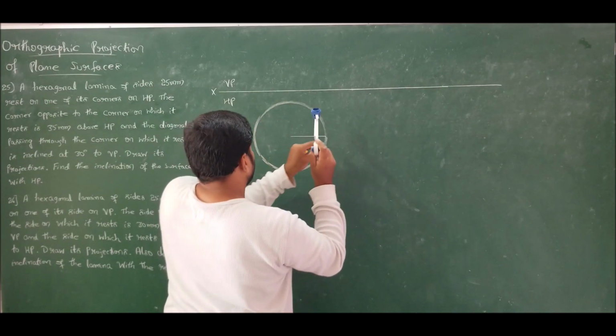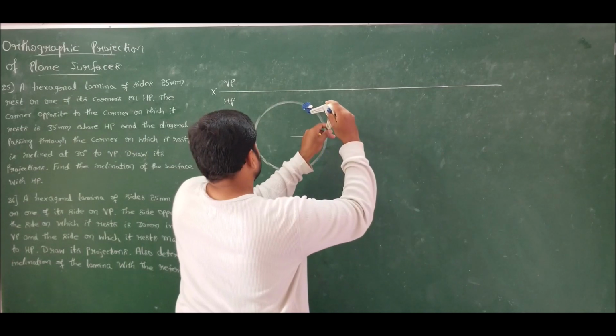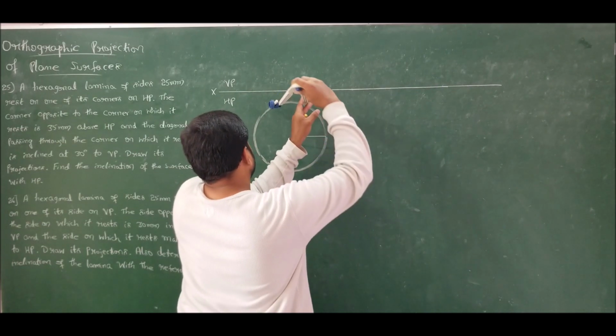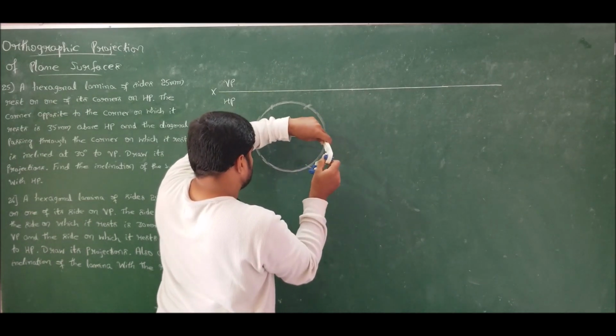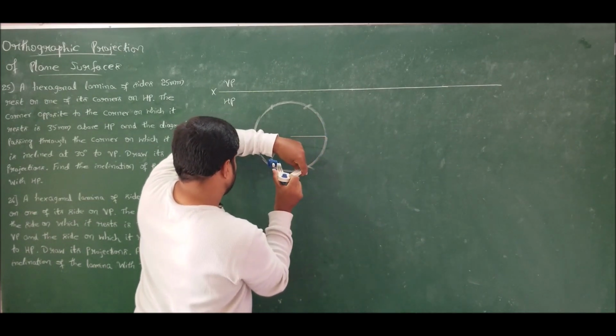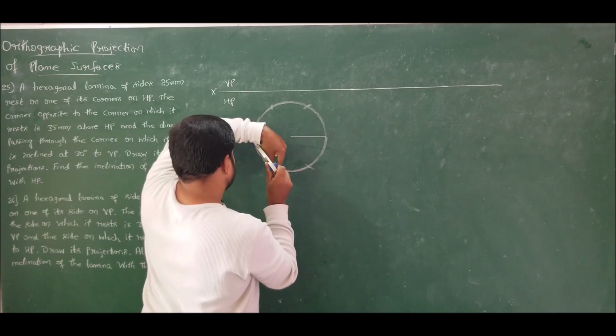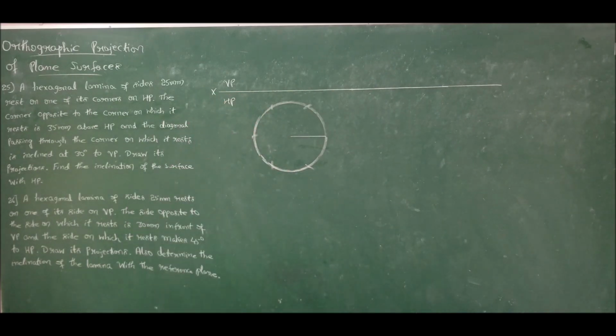Done. Now cut arcs at equal intervals and join these arcs to complete the hexagon.